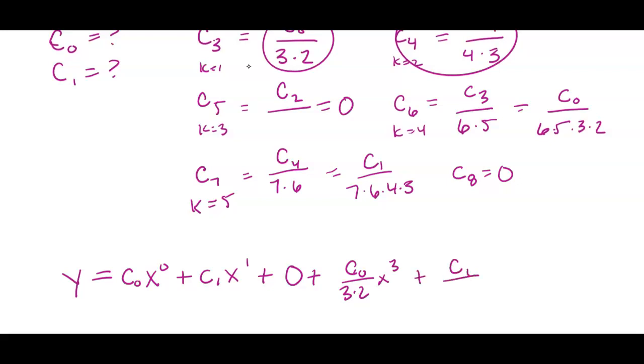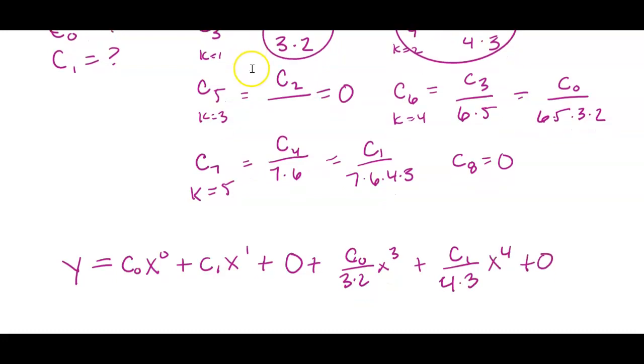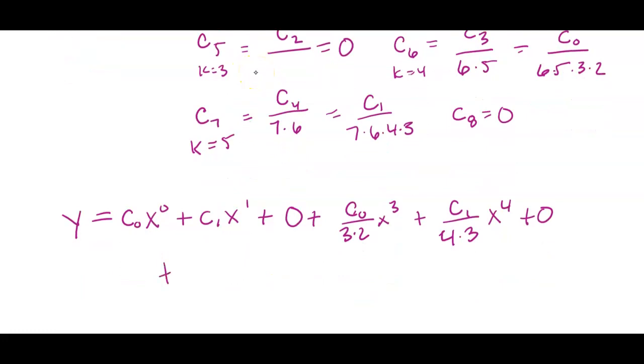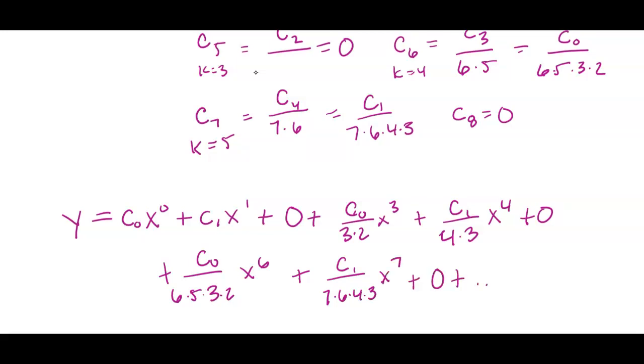The number in front of x to the fourth is this, plus 0, plus the number in front of x to the sixth. I wish it was a factorial. We're going to find it. So it's a little more complicated than that, unfortunately. Okay, the number in front of x to the seventh, plus 0, plus and so on.